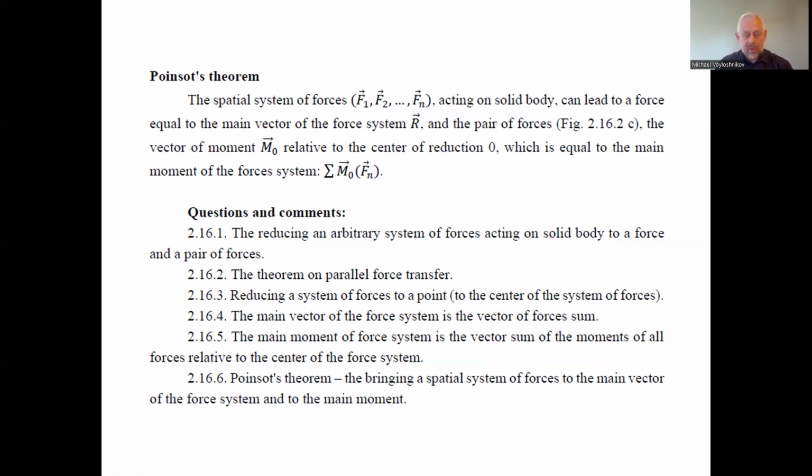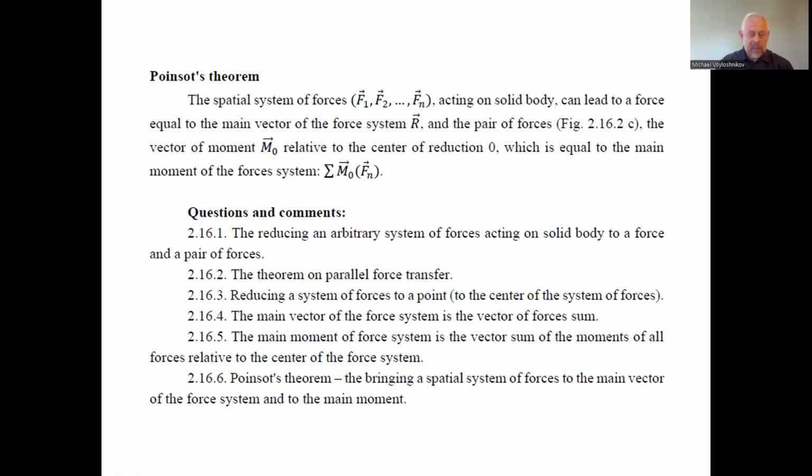Reducing a system of forces to a point, to the center of the system of forces. If we have a system of forces, we can consequently do a parallel transfer of all forces to the same point, and they predetermine the resultant force.